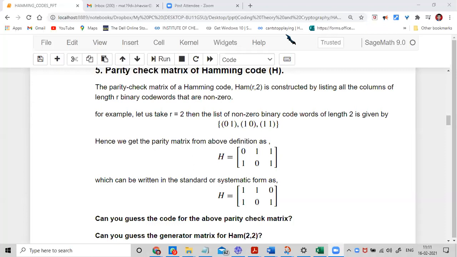Pythagorean triples are also like that. For each r, I have some n. But again, he confined himself only to binary codes, so that's why he's taking 2 power r. But now you can go to ternary codes, then it comes as 3 power.